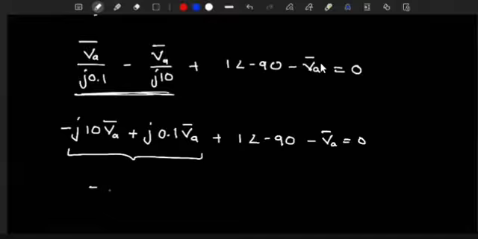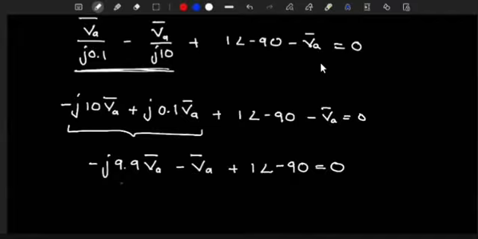Negative 9.9 VA. And then I'll say minus VA first, then plus 1, phase minus 90.